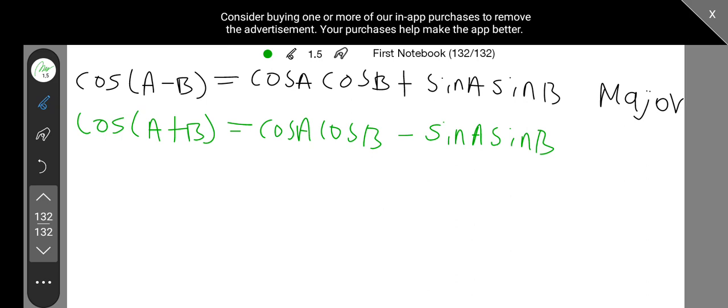Remember, with cos the signs are different. The sign here and the sign here are opposite. So if inside the bracket we've got negative, on the outside we'll have positive.